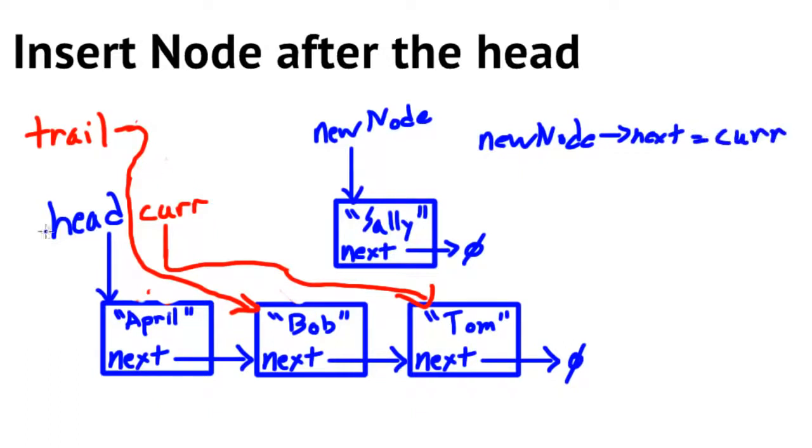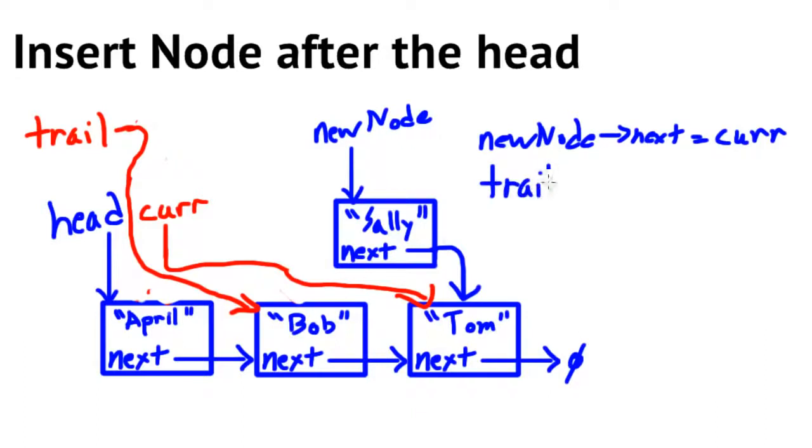So if we update that there, we'll go ahead and erase this bit here and update what new node's next is pointing to. So new node's next is now pointing to the same thing as current is pointing to. And now what we have to update is this previous node's next. Well, we have this trailing pointer here that points to it, so we can set trail's next.